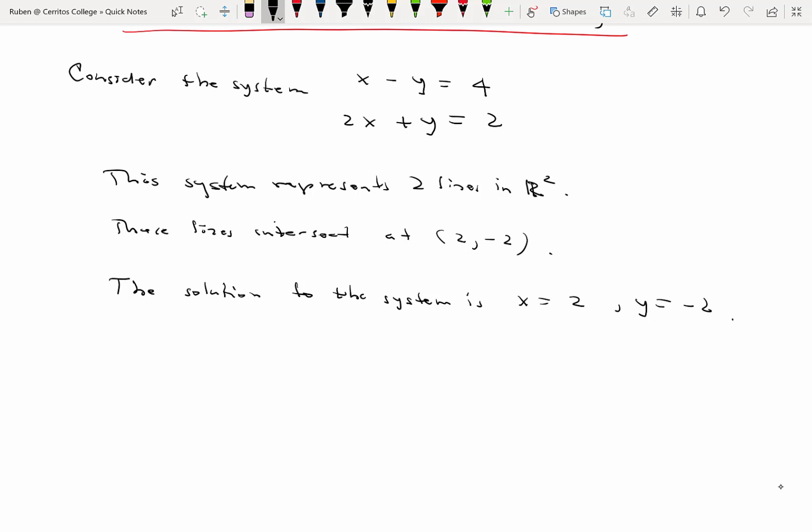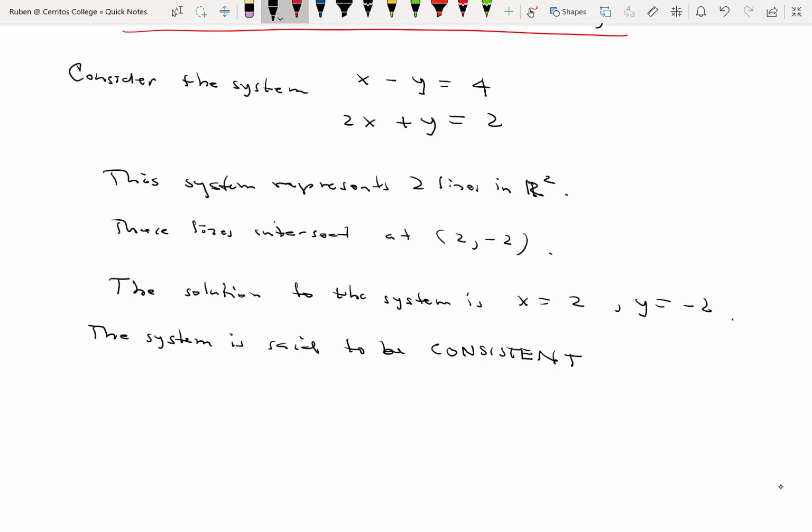This is not new. This is the terminology you've seen before. The system is said to be consistent. And that's our first bit of terminology for right now. Consistent.